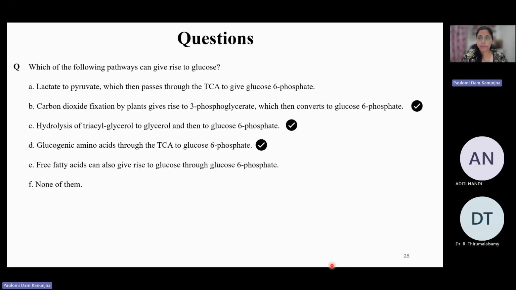Okay. Yeah. Next, this one. So, which of the following pathways can give rise to glucose? Read the statement, read which pathways they are referring to, and yeah, which one is correct.